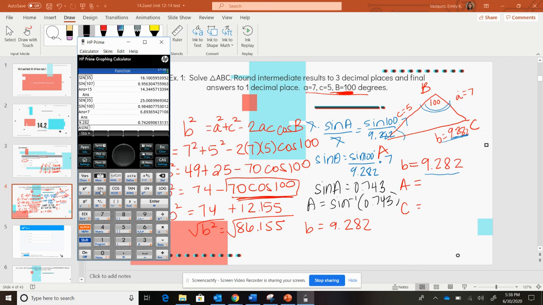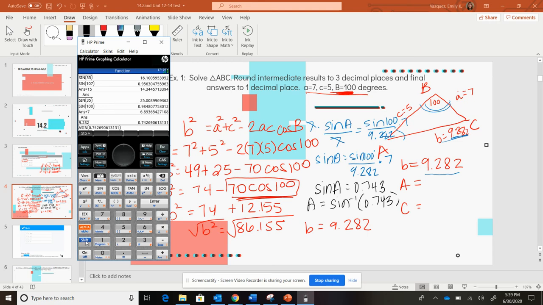There's a little A in front, which means sine inverse. And then again, I'm not going to type in 0.743 because I want to record as many digits as possible. So if I double click this previous solution here, it'll pop up in my answer. And if you guys are using yours on a phone, you just double tap it with your finger.